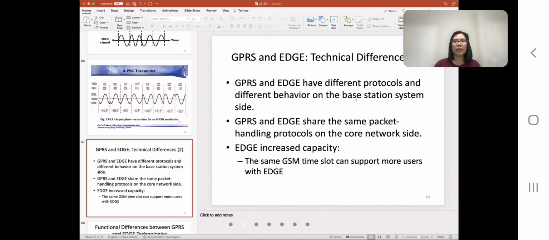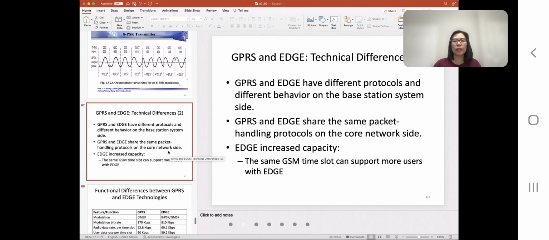However, once the packets are routed in the network, GPRS and EDGE share the same packet handling protocol on the core network side, because packets are now just a sequence of 0s and 1s and will be routed through the network the same way. EDGE has higher capacity, so the same GSM time slot can support more users with EDGE, exactly 3 times, because it has 3 times higher data rate.